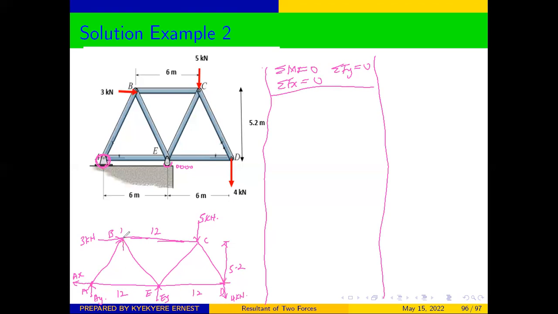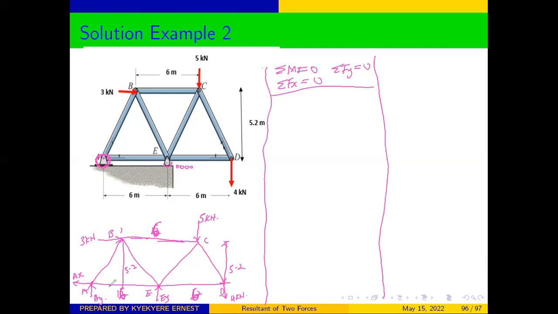We know that the height here is given as 5.2, and this is symmetrical. From this to that is symmetrical. Sorry, we are told that the distances are 6, 6, not 12. This is 6. This is 6. This is also 6. This is also 6.